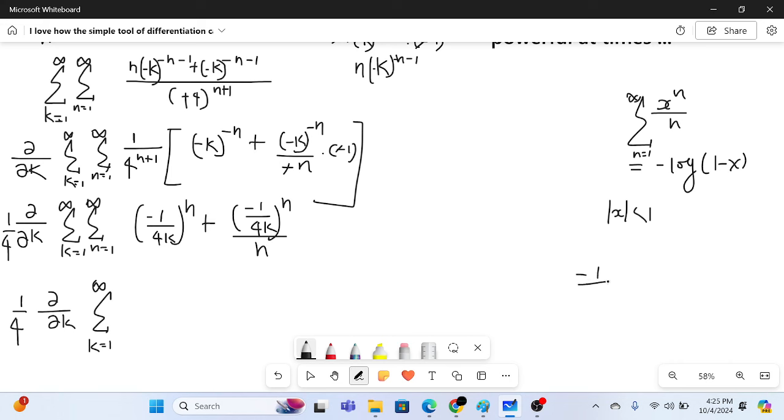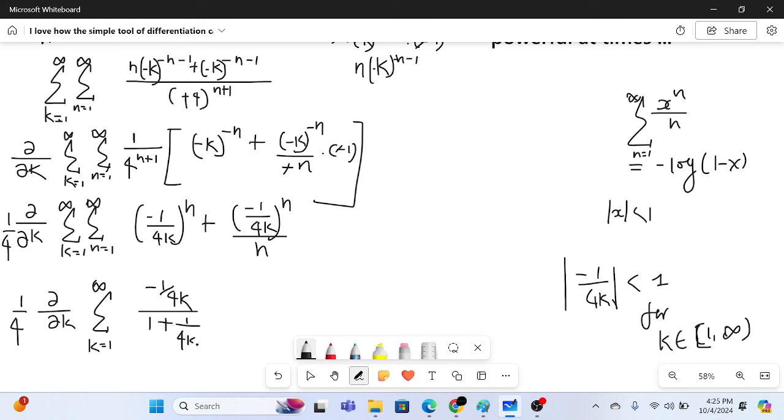If I have to write this, modulus of 1 by 4k is less than 1 for k belongs to 1 to infinity, 1 included. So that's why the sum will be a by 1 minus r. That means it will become plus. And over here, x to the power n by n sums to minus log of 1 minus x. So that is minus log of 1 minus 1 by 4k, which is plus 1 by 4k.